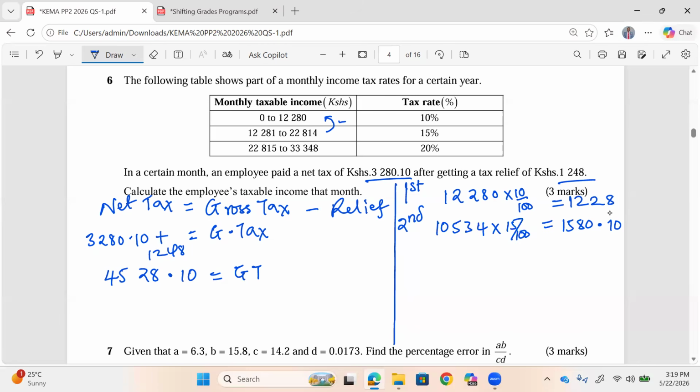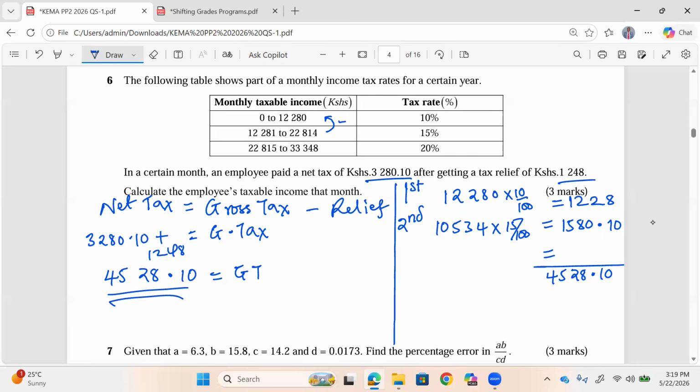Remember, the tax is supposed to be added until we get the gross tax that we have here. Therefore, the two brackets are not giving us enough tax, meaning that there is some amount of tax which is supposed to be added at this point so that the total tax becomes 4528.10. So which tax is missing now, because we are remaining with only one bracket?